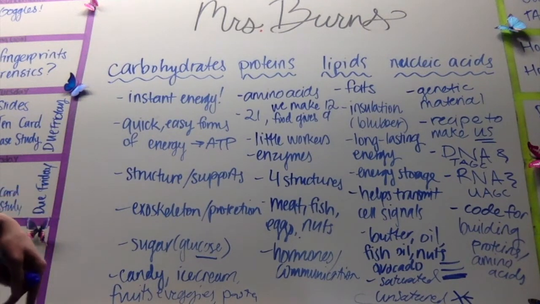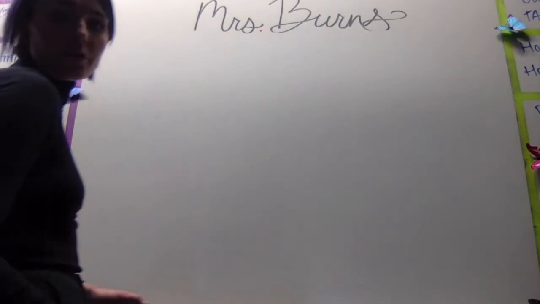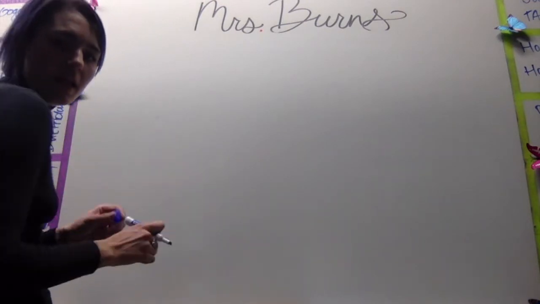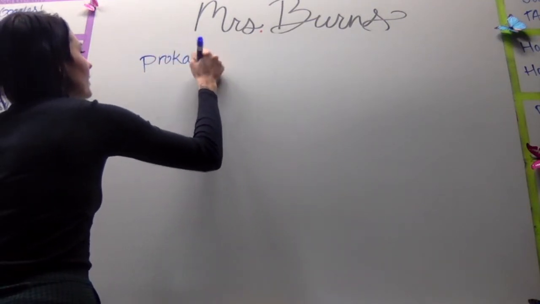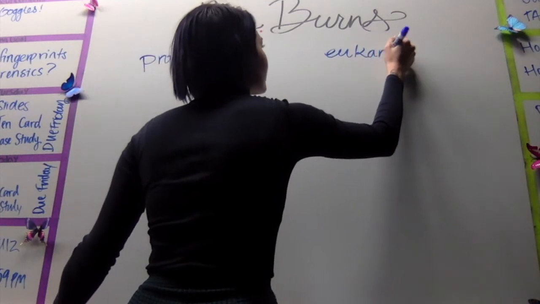Now let's move into the most recent topic that we're working on, cell structure and function. So first question here, what are three features of a eukaryotic cell, and what are three features of a prokaryotic cell? So let's go ahead and just make a list here. Prokaryote and eukaryote.